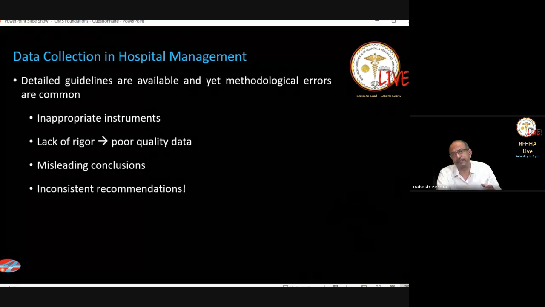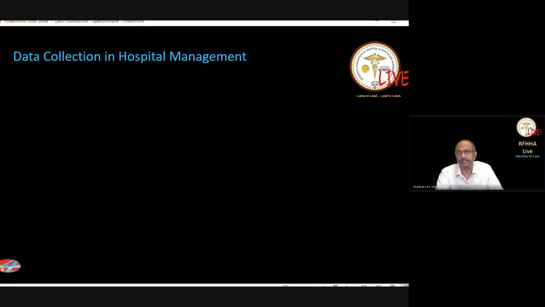Therefore, it leads to generating poor quality data. The questions are not framed properly, so they lead to misleading conclusions for the respondent, and as a result, they answer wrongly. And all these will result in inconsistent recommendations. So we will see how this consistency comes in subsequent slides.